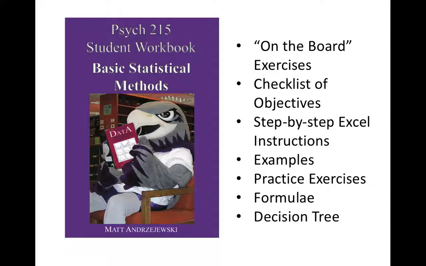In them, they have on the board exercises. You'll see those as you flip through the PDFs of these. These are available online on the D2L site. There's a checklist of objectives for each unit. There's step-by-step Excel instructions. There's examples. There's practice exercises. There's formulae right in the workbook, and also something called the decision tree, which we'll get to near the end of the course.